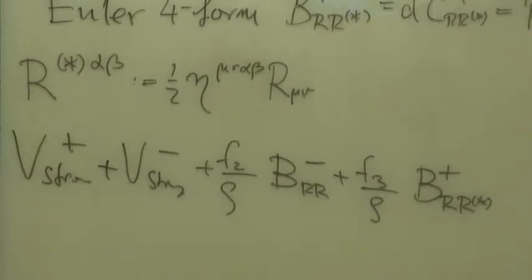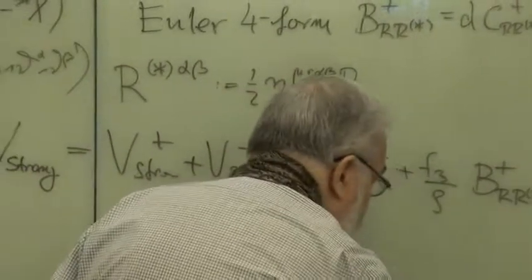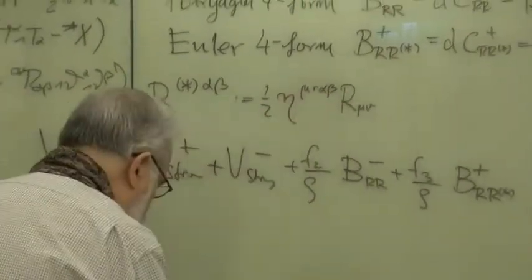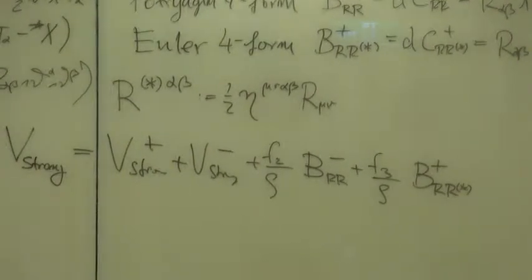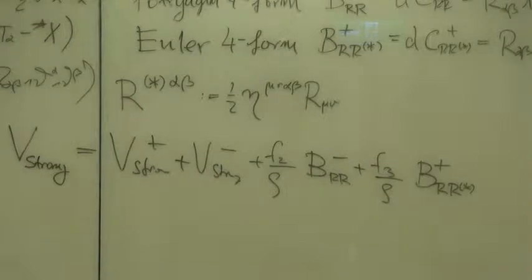So this is the whole strong gravity Lagrangian. So now we can finally collect our whole Lagrangian, which depends on the strong plus on the weak piece.